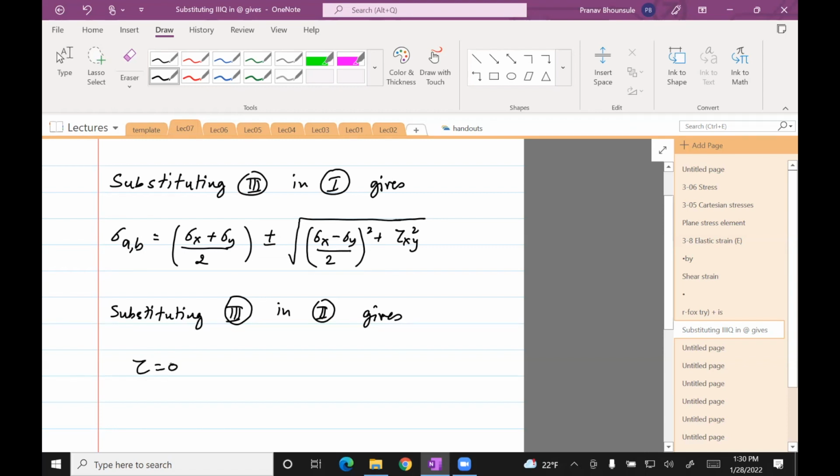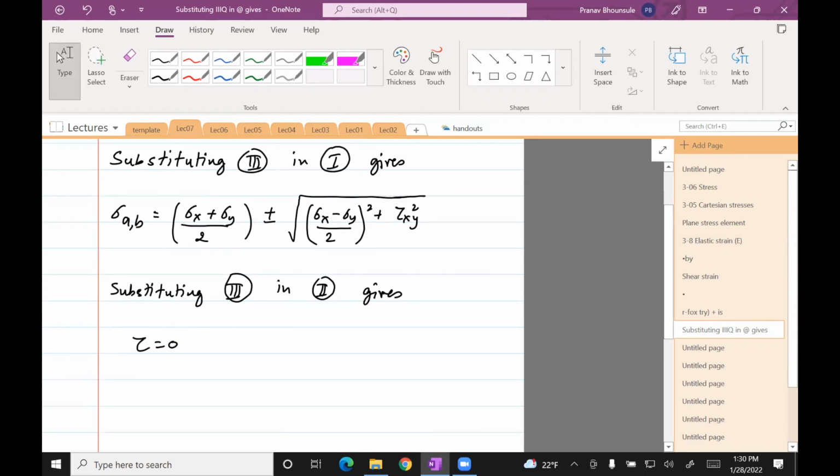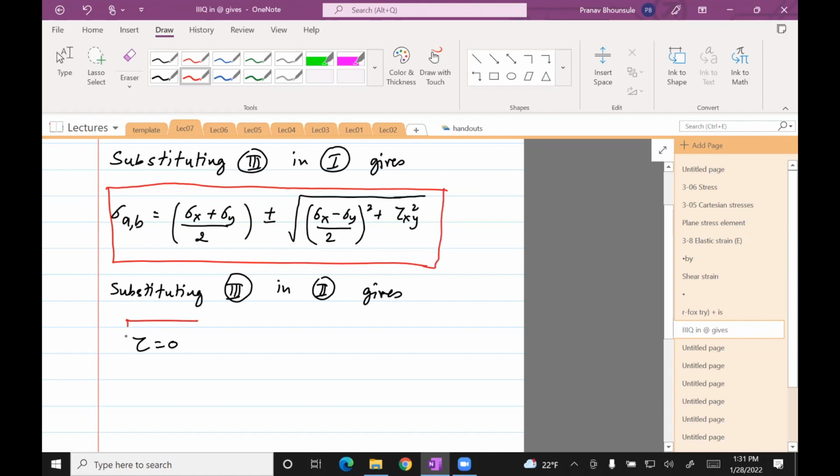So it turns out that the shear stress is 0 when sigma achieves a maximum value. They both hold simultaneously. When sigma is sigma A or sigma B, the maximum value, tau is invariably 0.